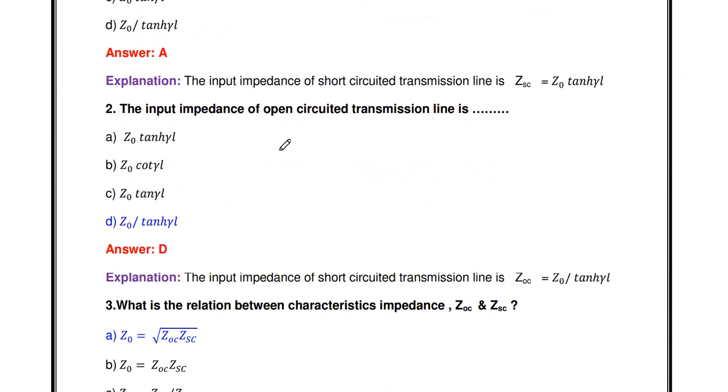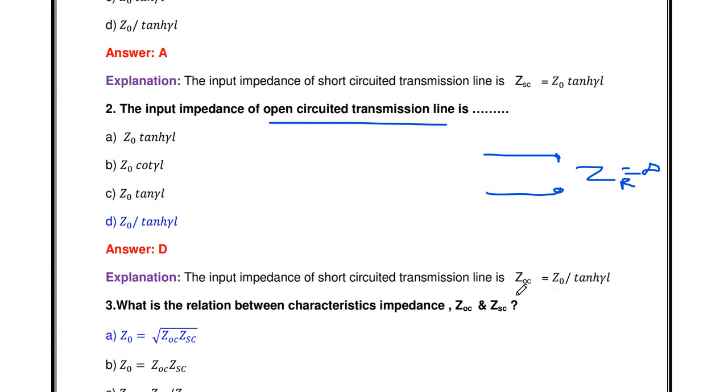Then the next one: the input impedance of an open circuited transmission line is dash. Open circuited means the receiving end is open, so the load impedance ZR is infinity. If you substitute ZR equal to infinity in the input impedance formula, we get the input impedance of the open circuited transmission line.